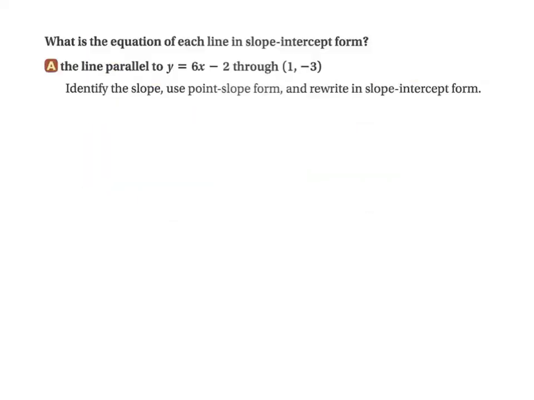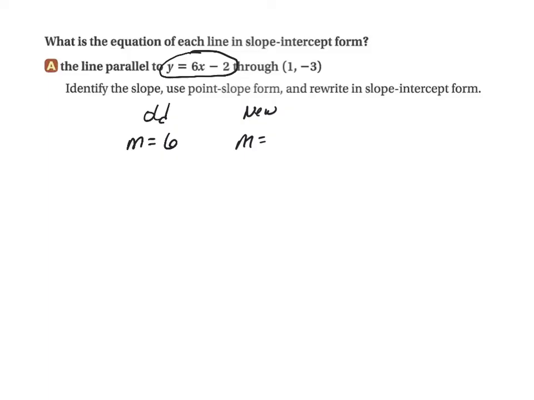This is how I want you guys to do this, all right? So whenever I give you a question and it says, hey, what is the equation of this new line that's parallel to this old line, I want you to go old slope and new slope, right? If the line is written in y equals mx plus b, then it's pretty easy to figure out the slope.